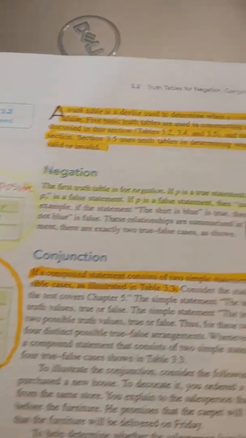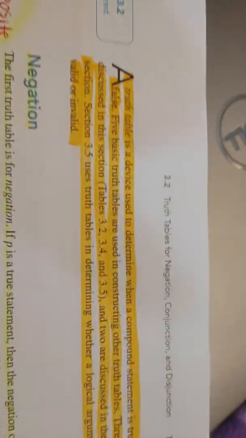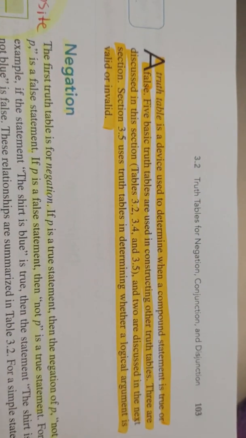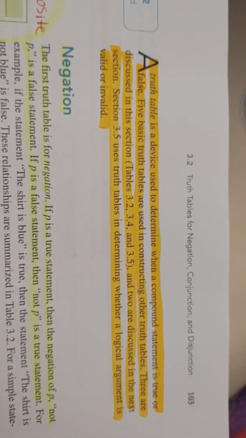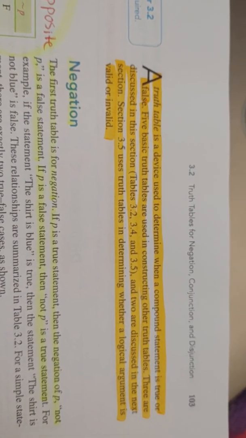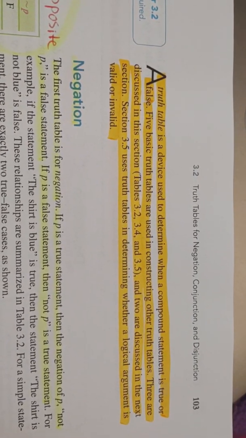Okay, so what happens here is that if we look at this, it says a truth table is a device used to determine when a compound statement is true or false. 5 basic truth tables are used in constructing other truth tables.